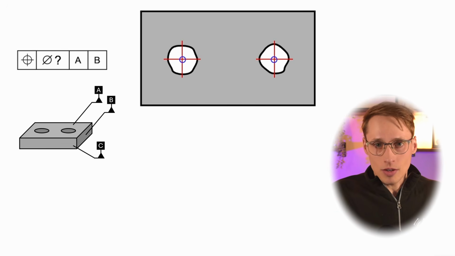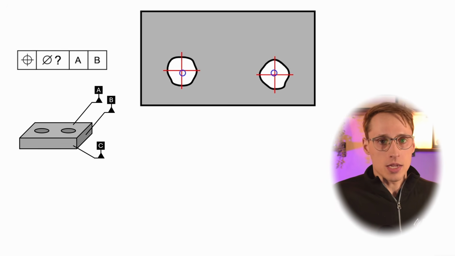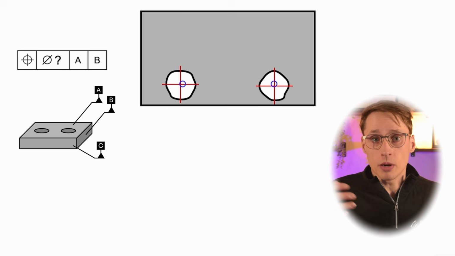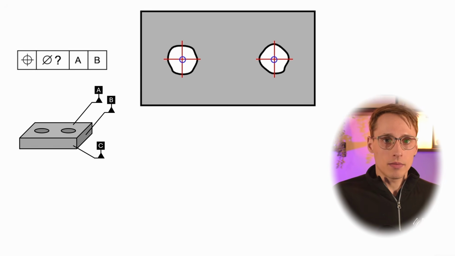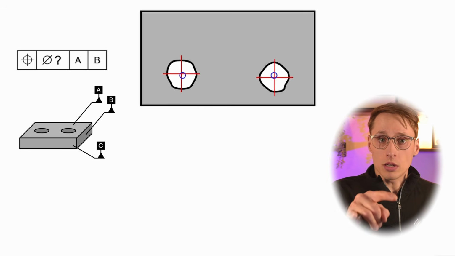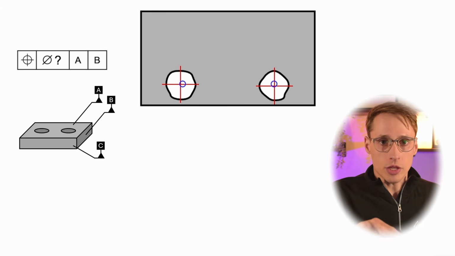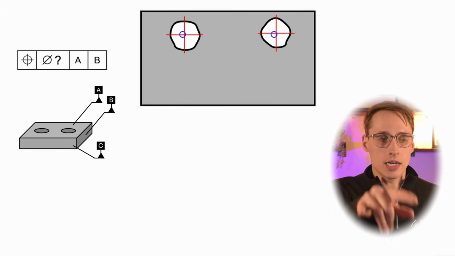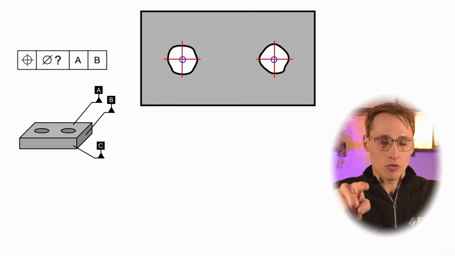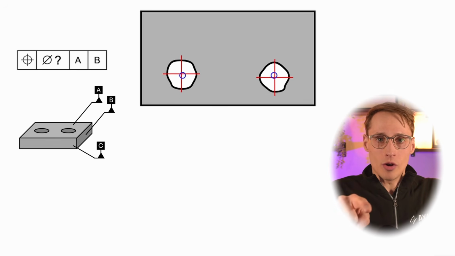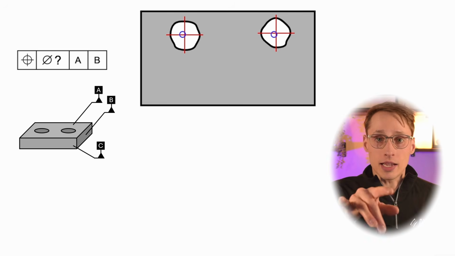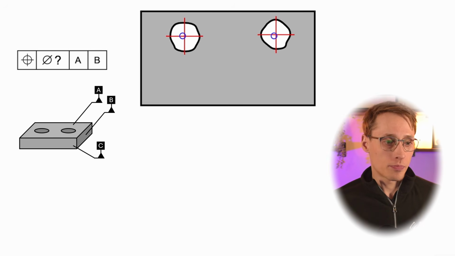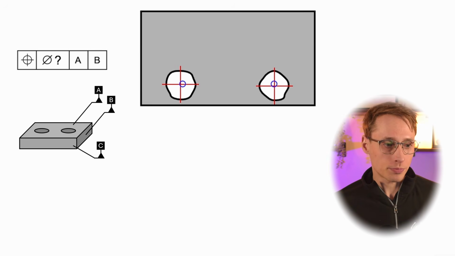And that's because while we've locked in the tolerance zones with our basic dimension to datum feature B, we still have to respect the basic dimension locking those two tolerance zones to each other. So that's why they have to move in plane up and down, and they can't move, one up, one down, or one up faster and one up slower. So they need to stay basically in plane with each other per the basic dimensions.